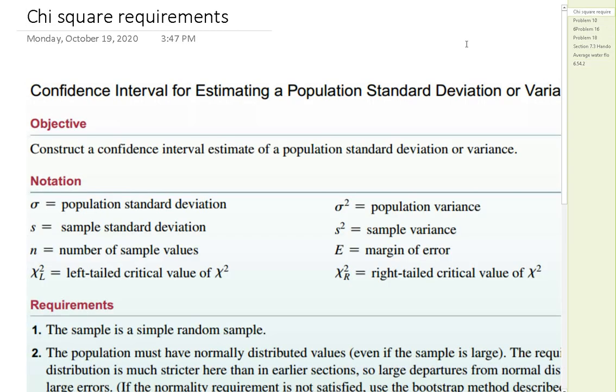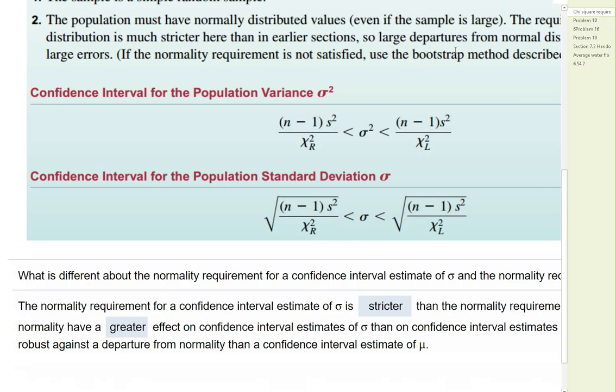So let's see. Here's how you're going to construct your chi-square, or chi-squared, confidence intervals. So you're going to use this one down here. Now, this is a lot of work to try and find these values, chi-square sub r, chi-square sub l.